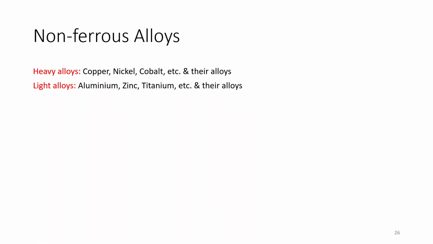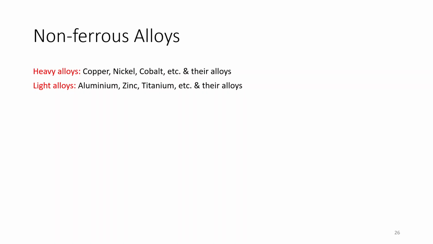Next is non-ferrous alloys. The classification is into heavy alloys and light alloys, based on density. If your density is very high, then these alloys are called heavy alloys, and these include copper, nickel, cobalt, etc. in their alloys. In the case of light metals or light alloys, you have aluminum, zinc, titanium, etc. in their alloys.